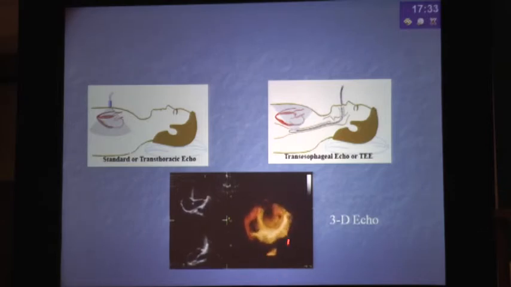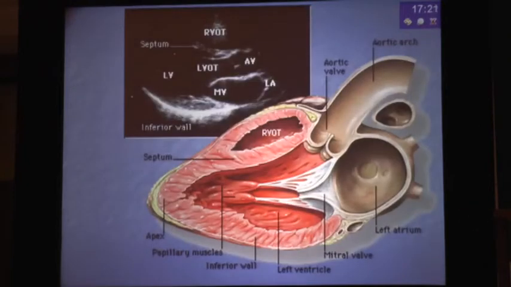This is a moving 3D echo. This is compared to a normal echo. So it really gives much more information, but you can get 90 to 95% of routine information that you require in a 2D echo.